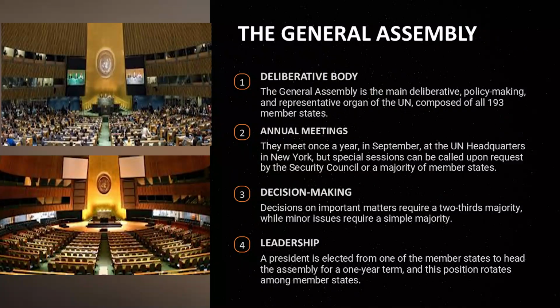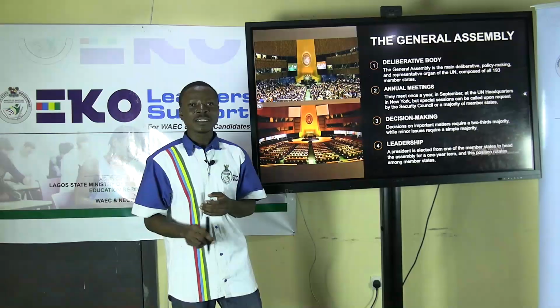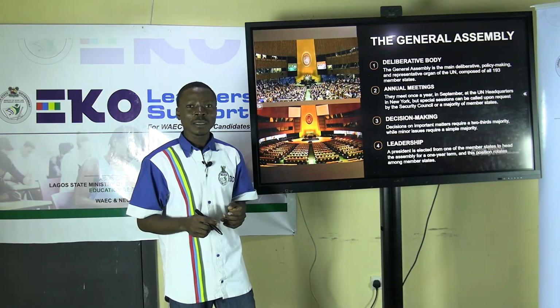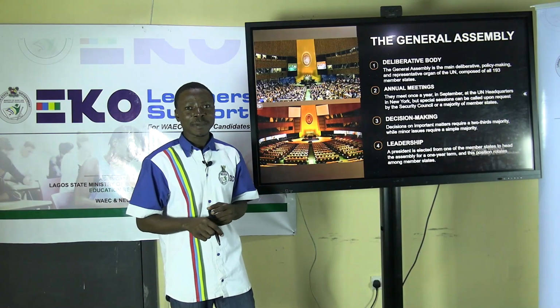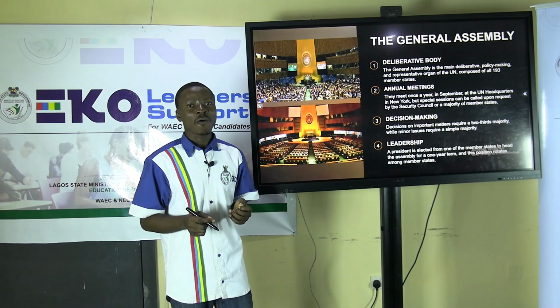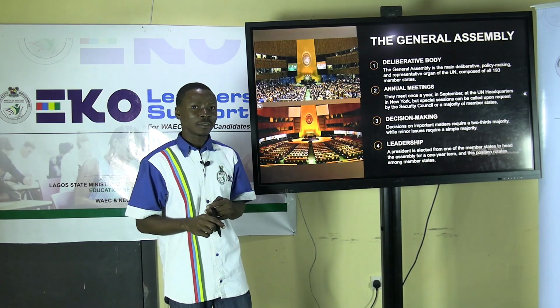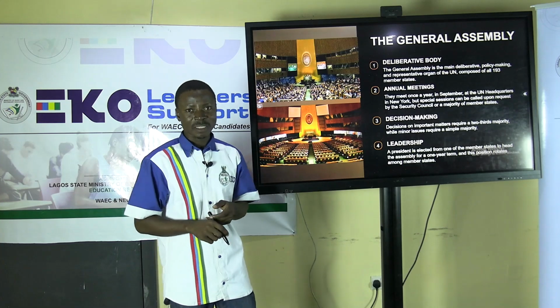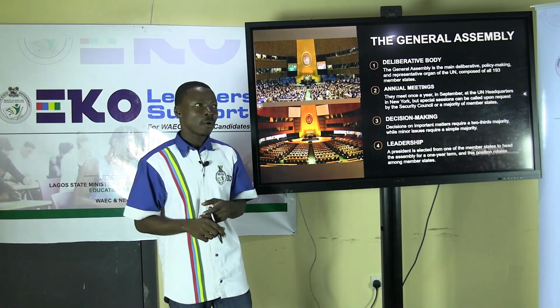The leadership of the General Assembly is the President of the General Assembly, who is selected among the member states. Each president serves a term of 1 year, and the position is rotated among members.